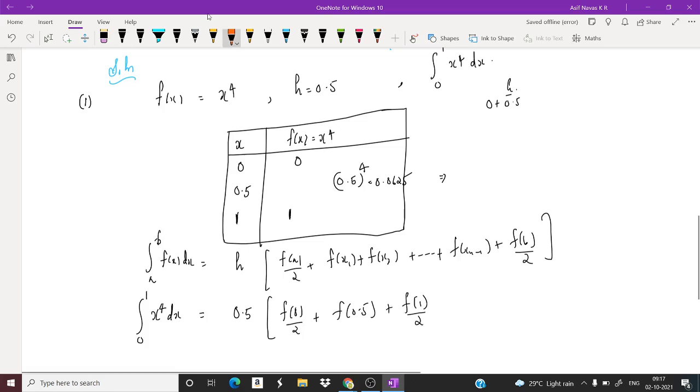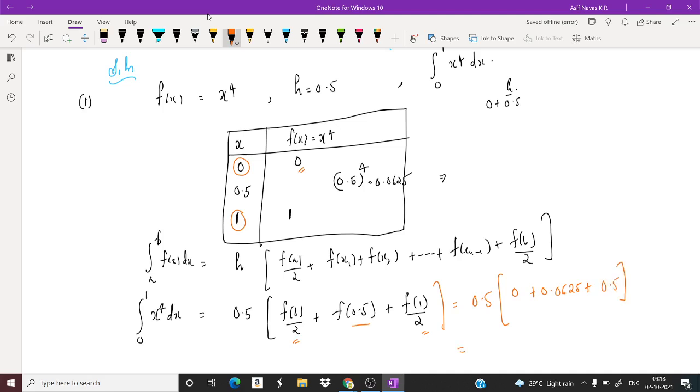The first and last have by 2 terms. So this is 0.5 into [0 by 2, that is 0, plus 0.0625 plus 1 by 2, which is 0.5].